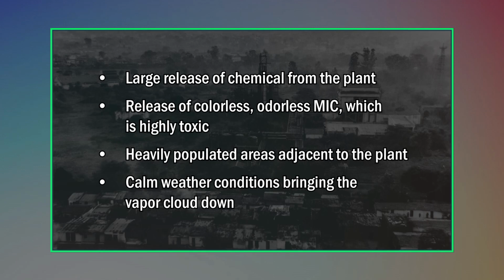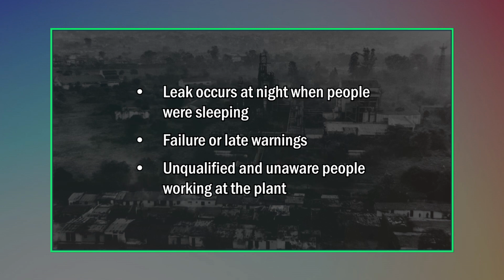Large release of chemical from the plant, release of colorless, odorless MIC, which is highly toxic, heavily populated areas adjacent to the plant, calm weather conditions bringing the vapor cloud down, the leak occurring at night when people were asleep, failure or late warnings, unqualified and unwarned people working at the plant.